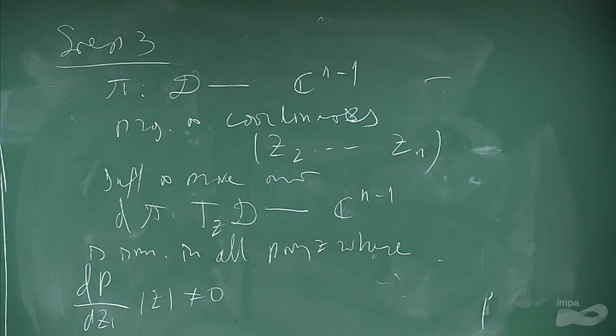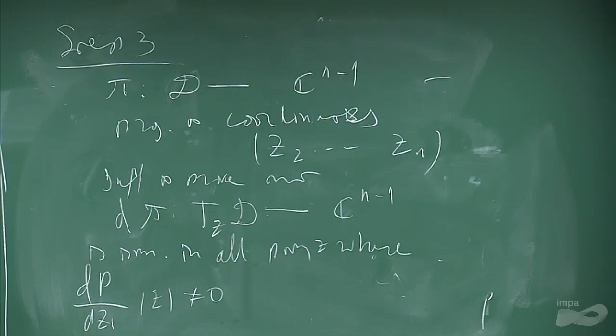So the kernel of d pi from the tangent space to D to Cn minus 1 is the same as the intersection. You take a subspace.